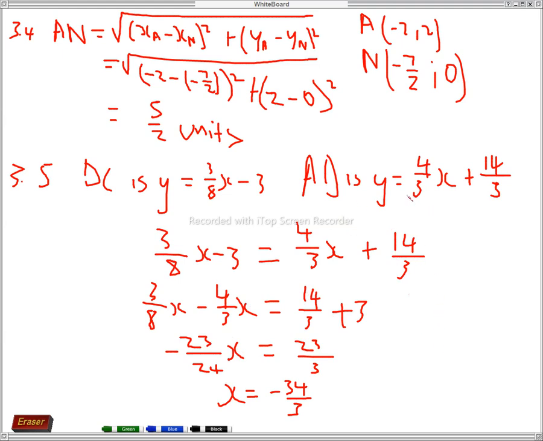For y, simultaneous equations, let me just choose this side. I don't have enough space, so I only take one equation here and substitute the value of x. Let me take this first one, 3 over 8, and substitute the value of x, which is negative 34 over 3, and close the brackets, and then minus 3 here, not plus 14 over 3.